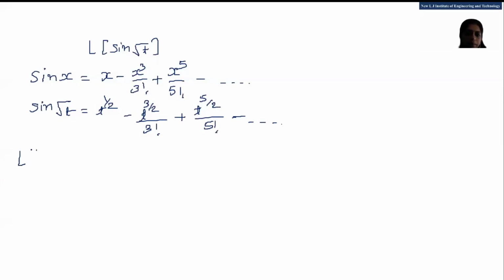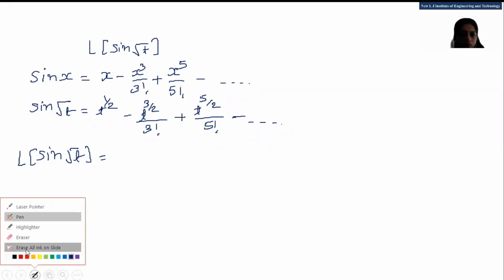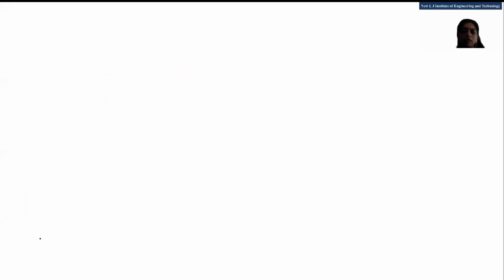Now we apply Laplace both the sides. Okay, students? And you have to give me the final answer tomorrow. I will ask the final answer tomorrow from your side. Got it, everyone? Okay. So this is the hint you have to do by yourself.